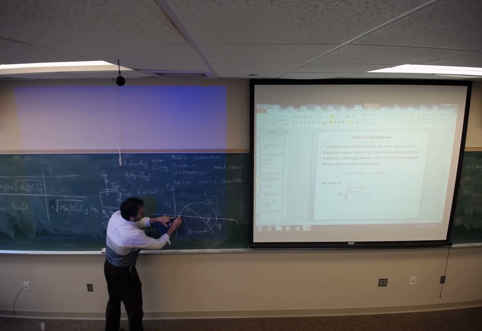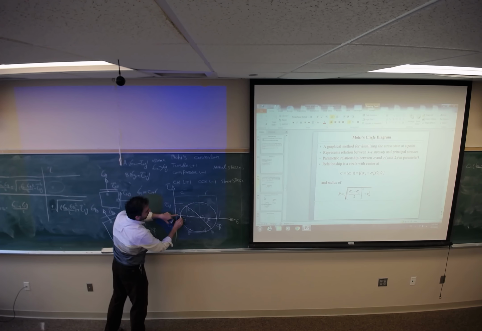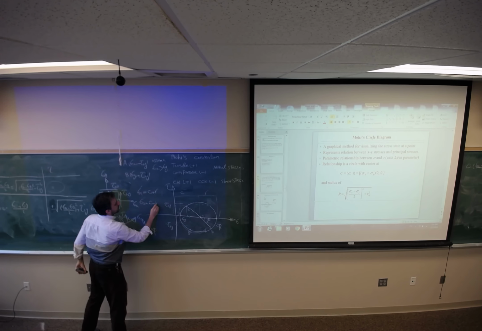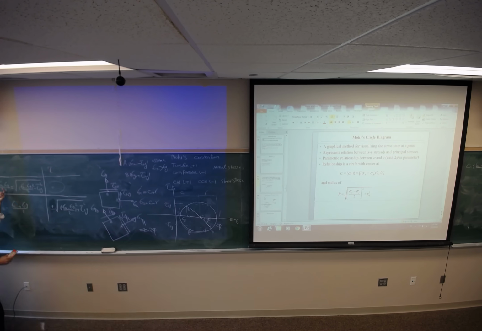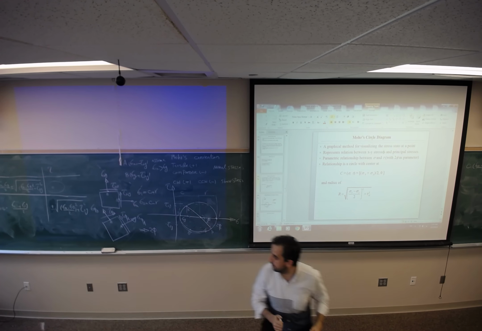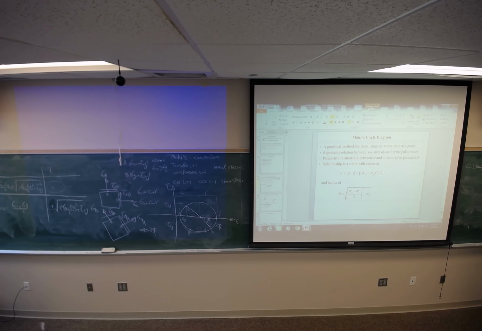To find sigma prime 2, from C, if I subtract R, I will get C minus R, which is the first term minus the square root. So this is how you can find sigma prime 1 and sigma prime 2.